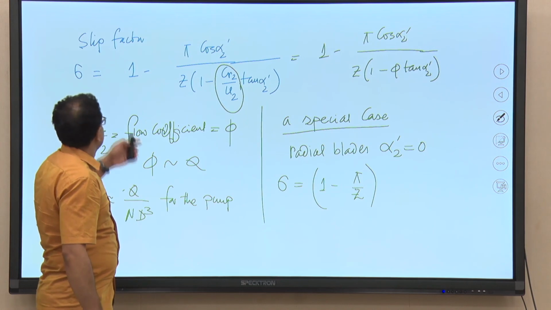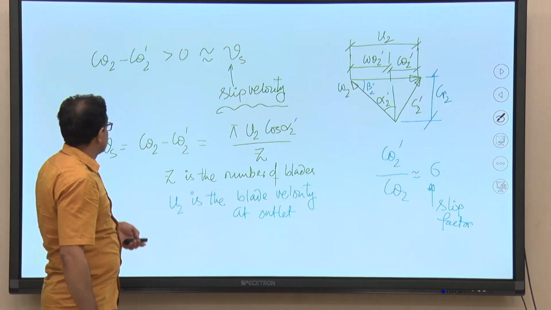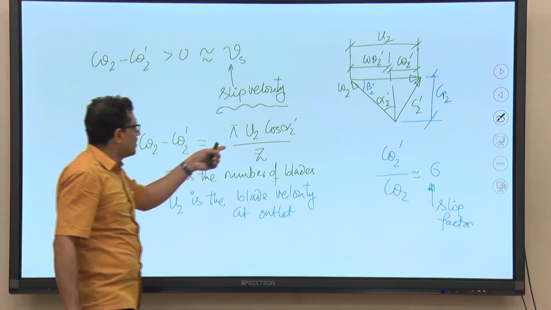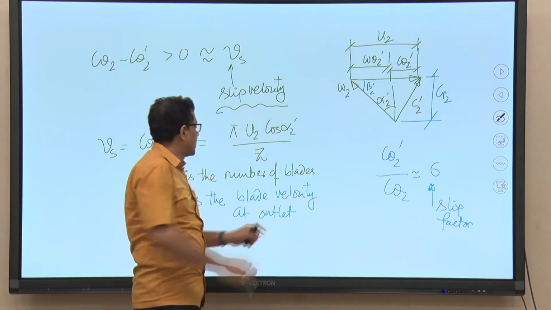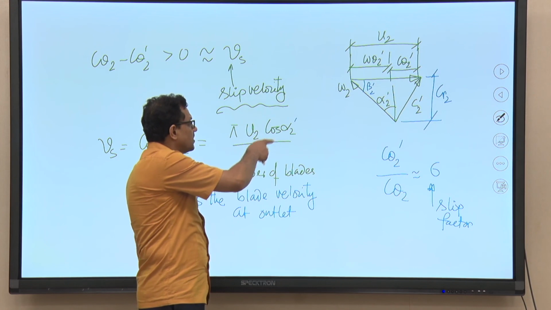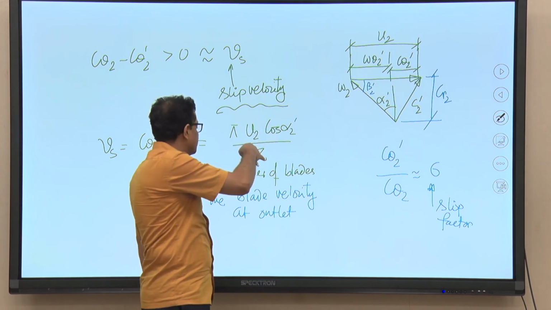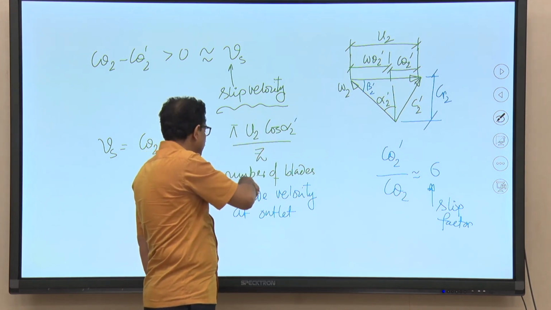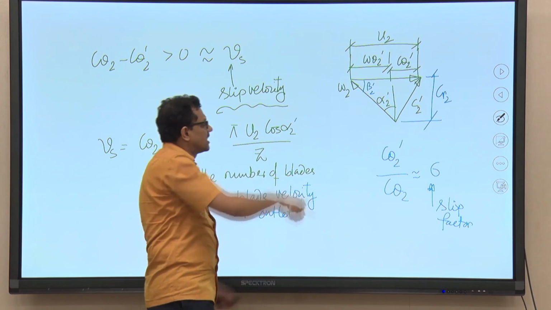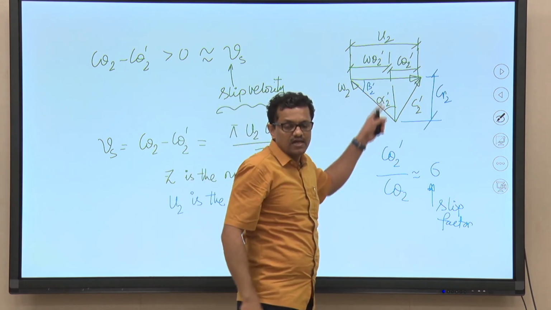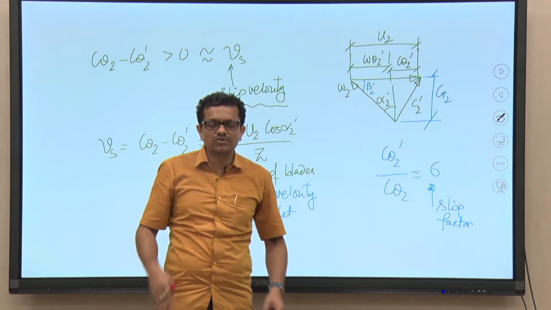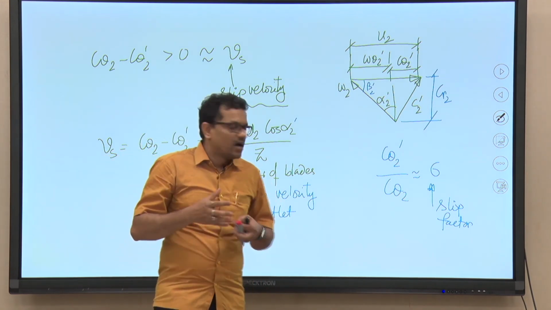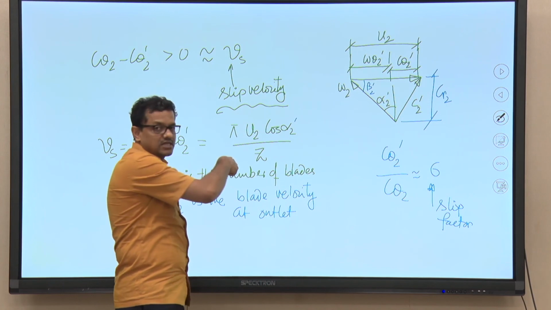Second, the slip velocity Vs that we have written for the time being, that is pi u2 cos alpha 2 prime by z, where z is the number of blades present in a pump, u2 is the blade velocity at the outlet, and alpha 2 is the angle which is shown in this figure. Now, this expression we need to establish, and we should see from where we are getting this expression.